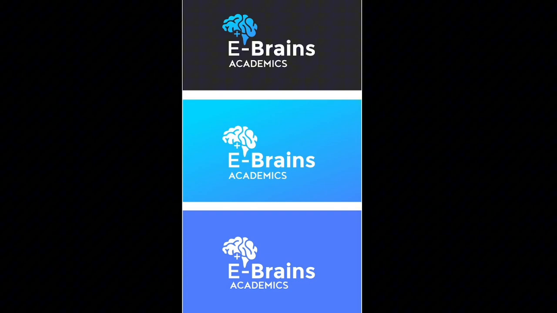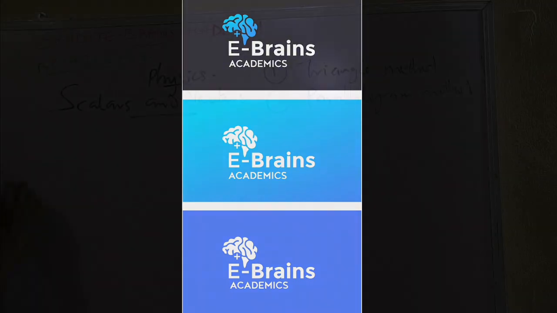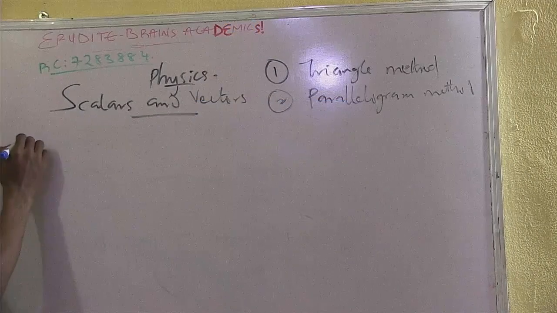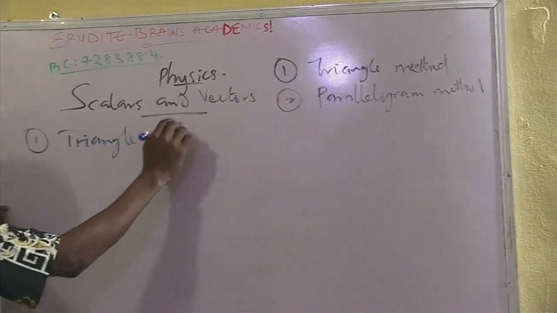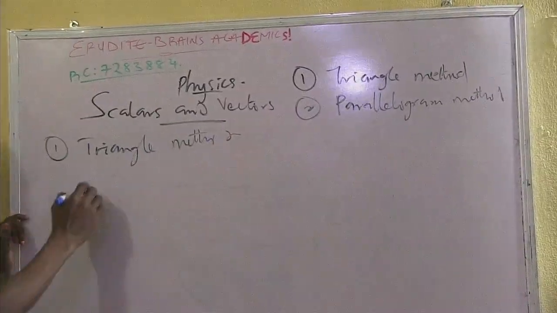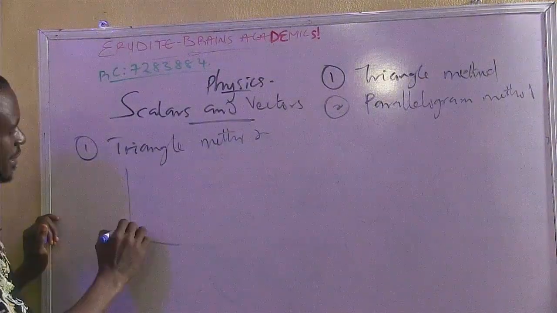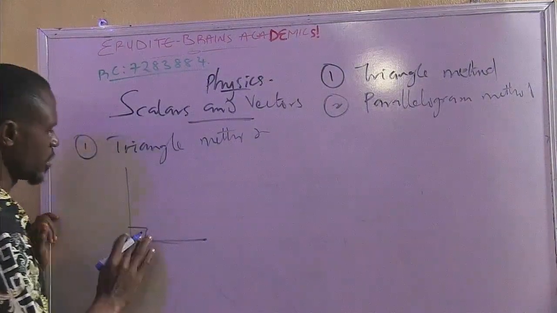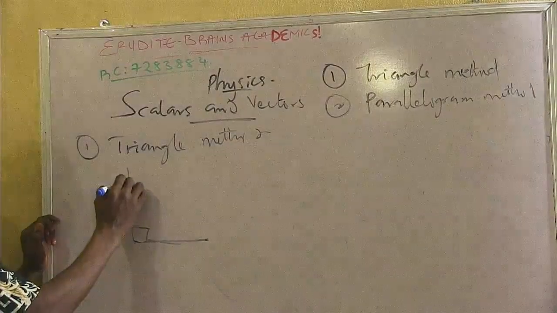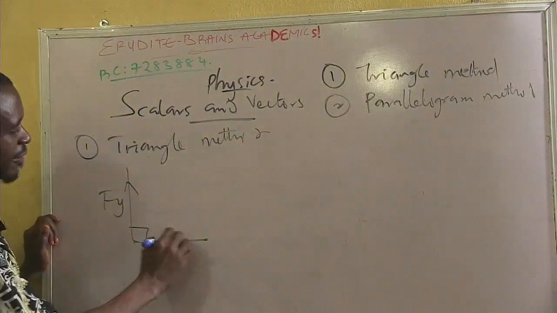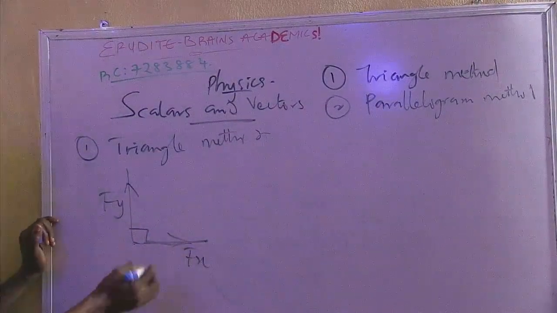So quickly, what we have here is, when you are going to use the triangle method, majorly when you have your angle at 90 degrees, say that you have a force Fy and you have another force Fx moving in this direction.